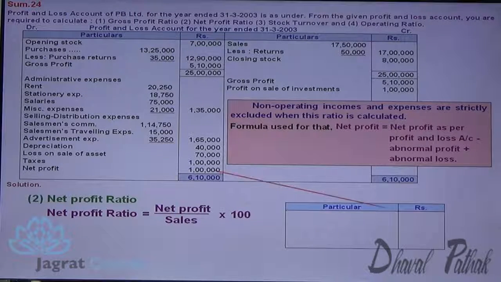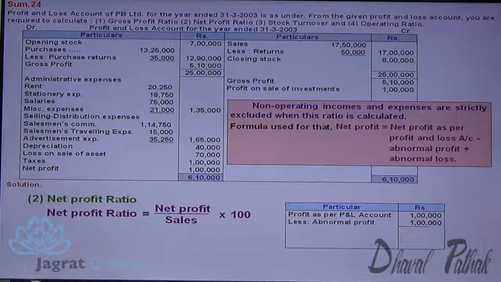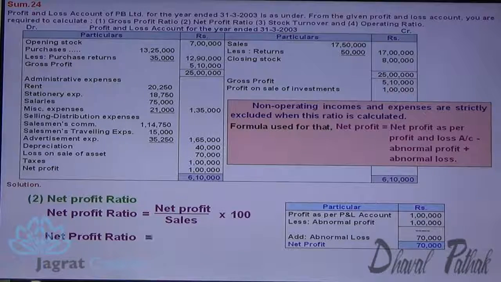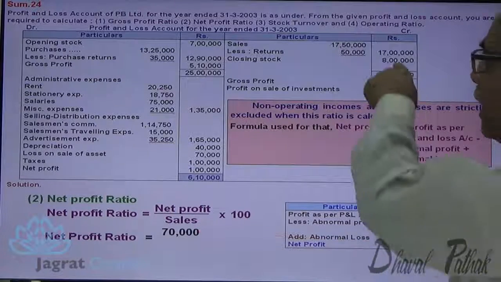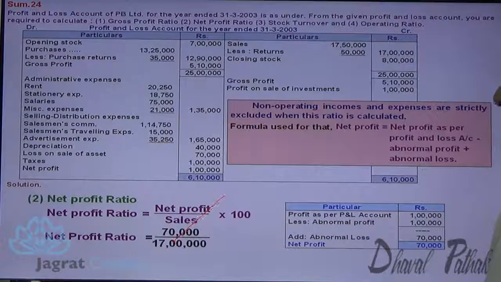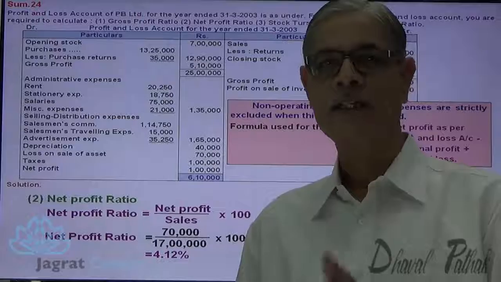So if you work out on this basis, net profit as per profit and loss account minus non-operating profit plus non-operating losses debited to profit and loss account, 70,000. So 70,000 divided by sales 17 lakhs into 100. So this is how net profit ratio is worked out.